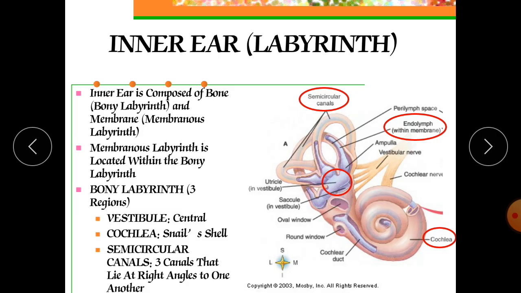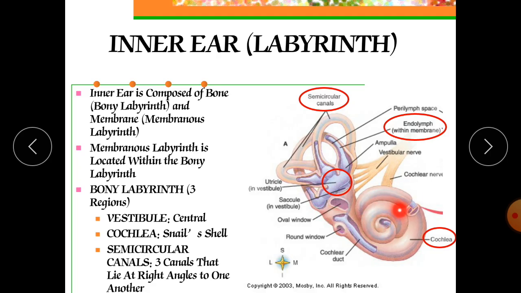Now the second is the cochlea. It is the snail-shaped part, anterior to the vestibule. It is a bony spiral canal that resembles a snail's shell.